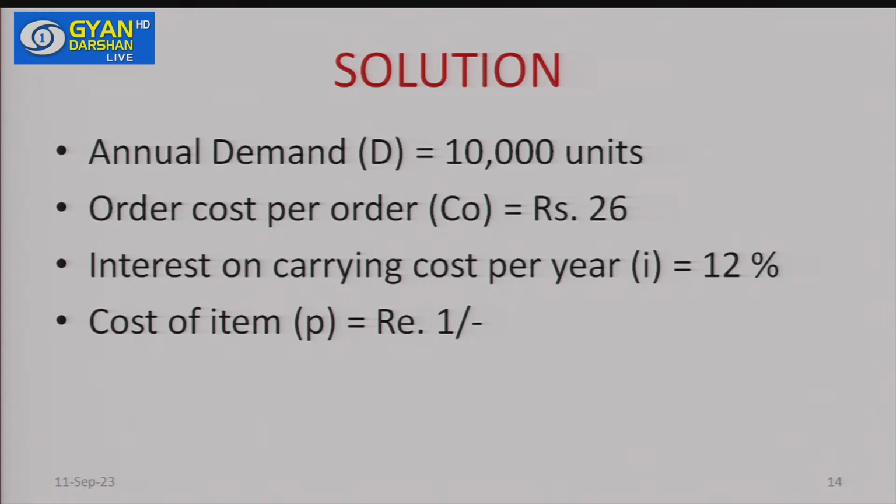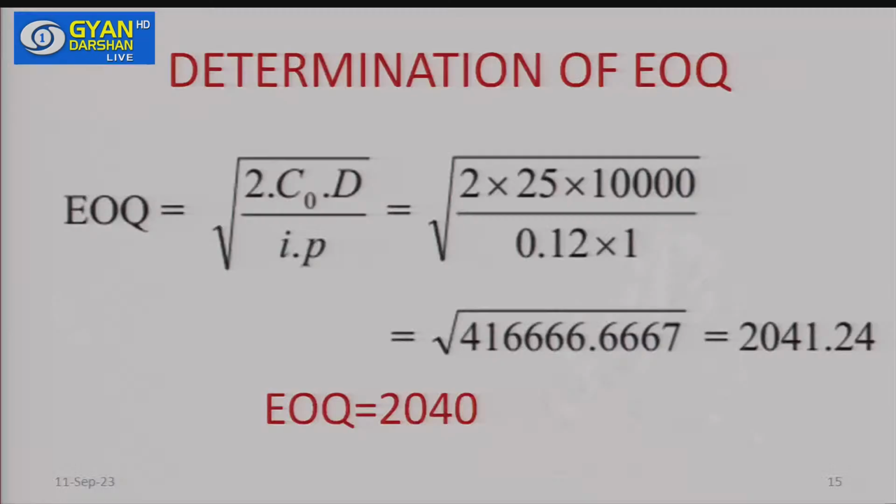Then the interest on carrying cost, because we are keeping a certain amount as holding cost, so we are paying interest on that, which is the 12%. Cost of the item is rupees 1. So this is the calculation, and we found that the economic order quantity is 2040. We will take the approximate value.